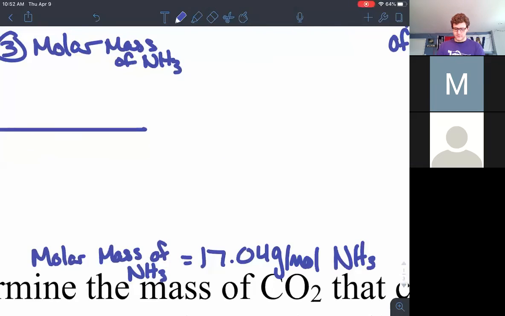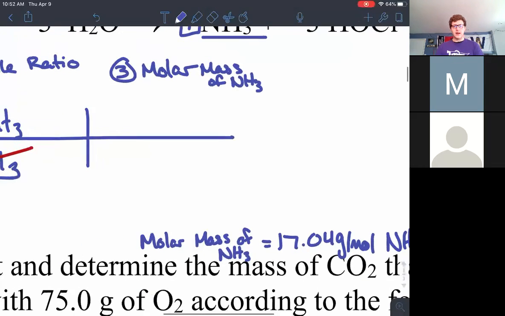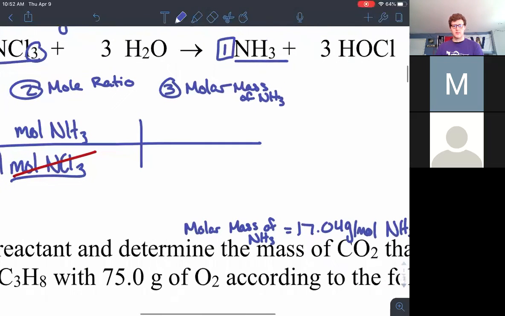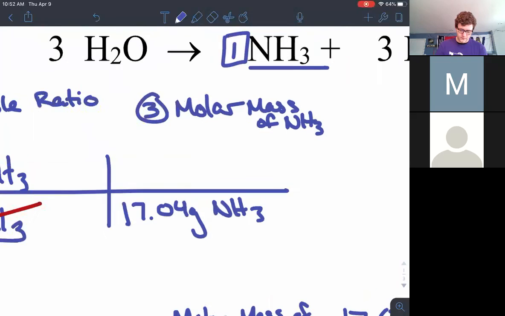NH3. All right, so what am I going to put on the bottom of this line? 17.04 grams. Then what goes on the top? 1 mole. All right, and let's double check.